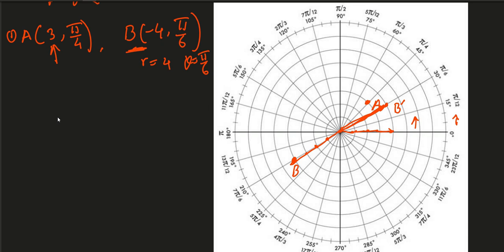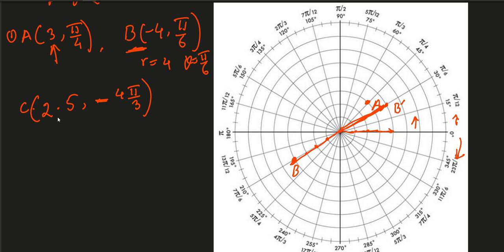One more example. Let's say we have another point C. Its r is 2.5, but the amount of rotation is -4 pi over 3. Pi over 3 is equivalent to 60 degrees, and 60 times 4 is 240. But since the direction of rotation is negative, that means clockwise direction.